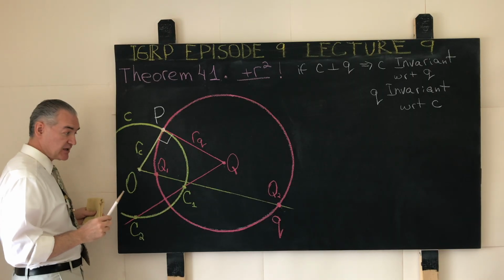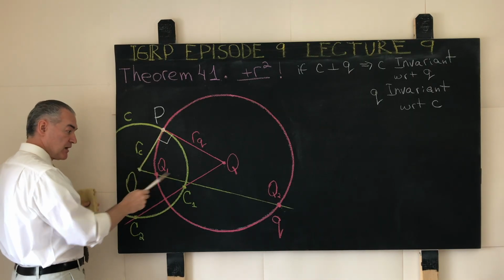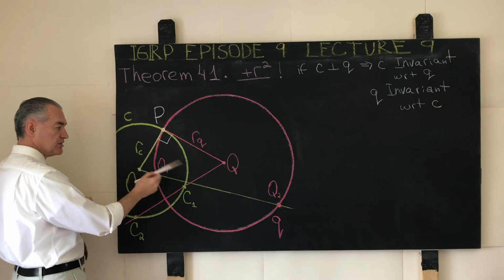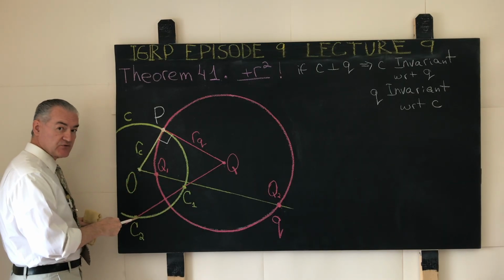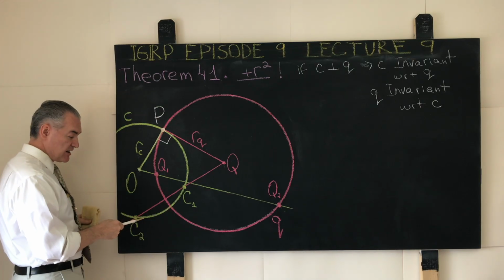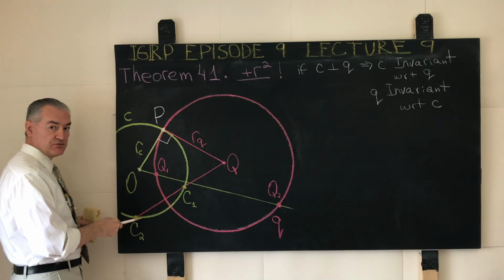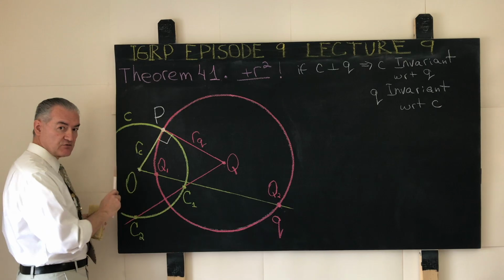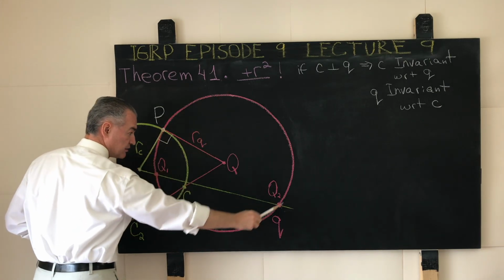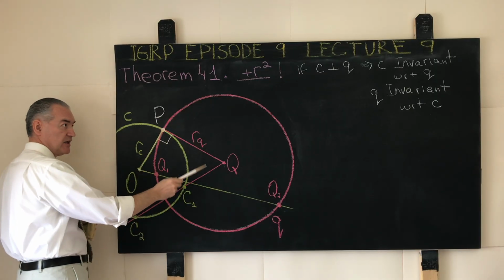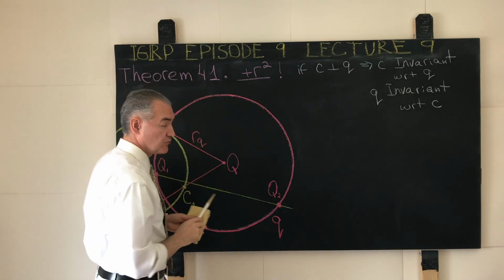But despite the fact that all the other points will be shaken and stirred or moved in a non-trivial way, the circle C will still be taken into itself, and that precisely means that the circle C remains invariant under the inversion of the parent plane with positive power with respect to the circle Q, and that completes the proof of theorem number 41.